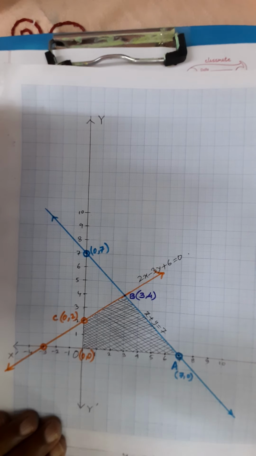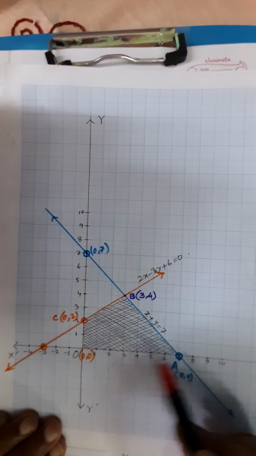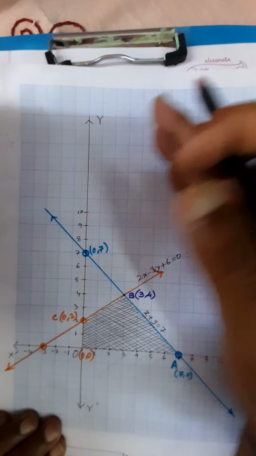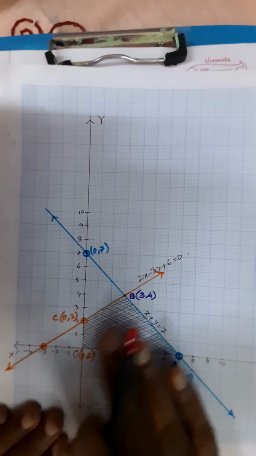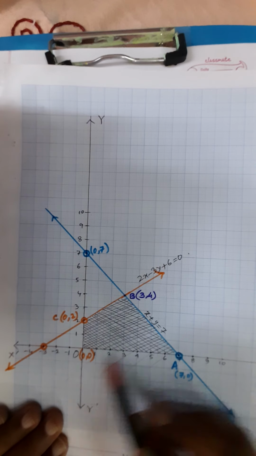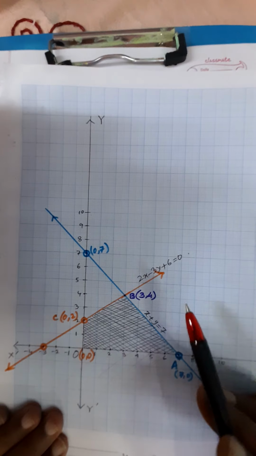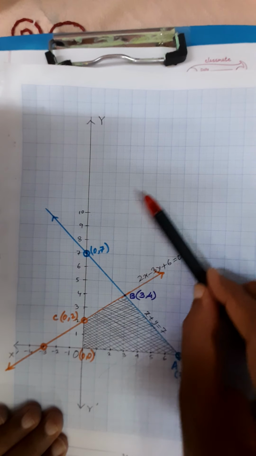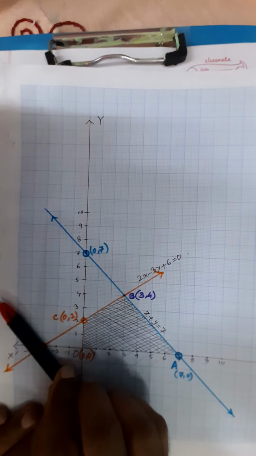We have to take the part towards the origin, containing the origin. We will not take the other part. So this part we have to shade. This line divides the plane into two halves, upper and lower. The lower half will be the solution for this.